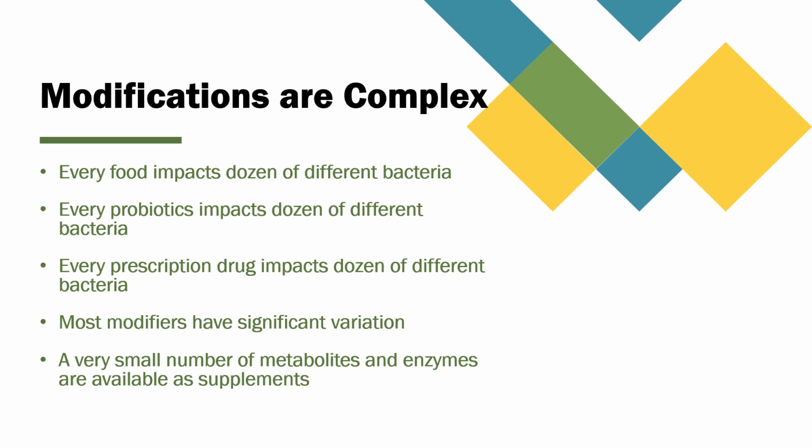Now, when we try to modify things, things are complex. Various factors can influence the microbiome's function. Research has shed light on some of the intricate relationships between diet, probiotics, medications, and the gut microbiome. Every food we consume can affect multiple bacterial species in the gut.